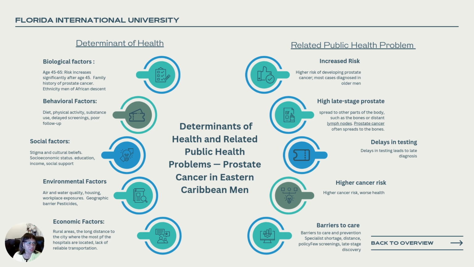Biological factors such as ethnicity, behavioral issues like delayed screening, and social challenges such as stigma and economic hardship, environmental exposures, and geographical barriers, they all compound these risks, right?